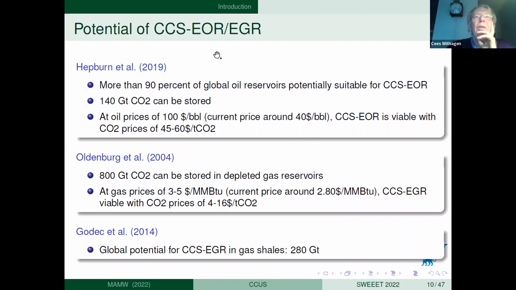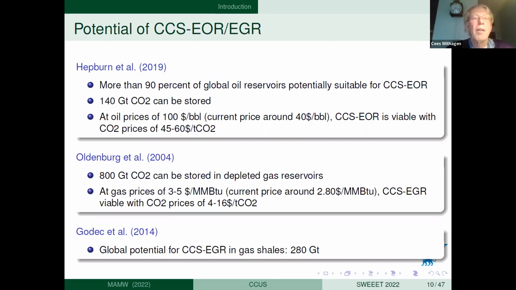The potential in terms of numbers, Hepburn argues that 90% of global oil reservoirs is potentially suitable for enhanced oil recovery. Enormous amounts can be stored, and they give a guess of the price that is needed to make enhanced oil recovery viable.